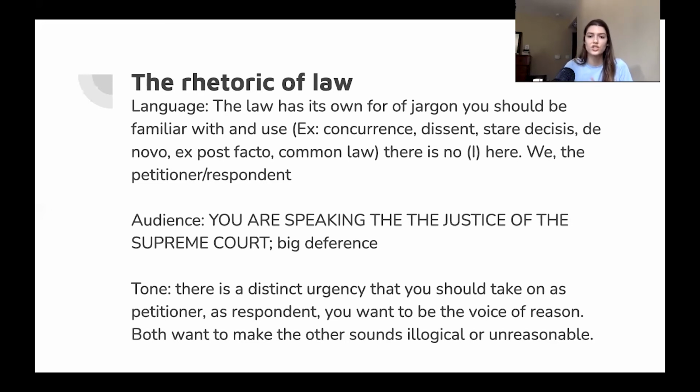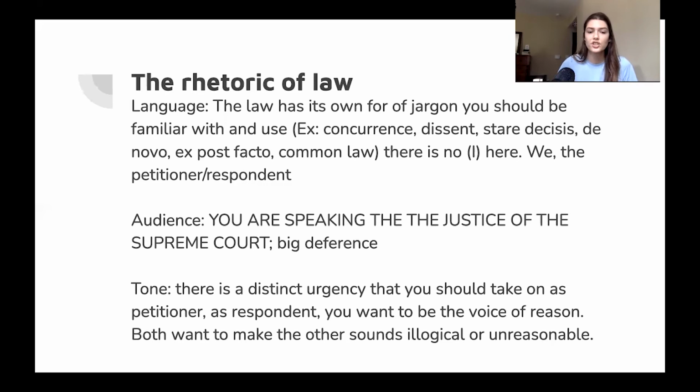Because this is competitive, you're going to want to make the opposing side sound illogical or unreasonable in the most firm, confident, and deferential way possible. So it's going to be a very matter-of-fact tone that you want to take.